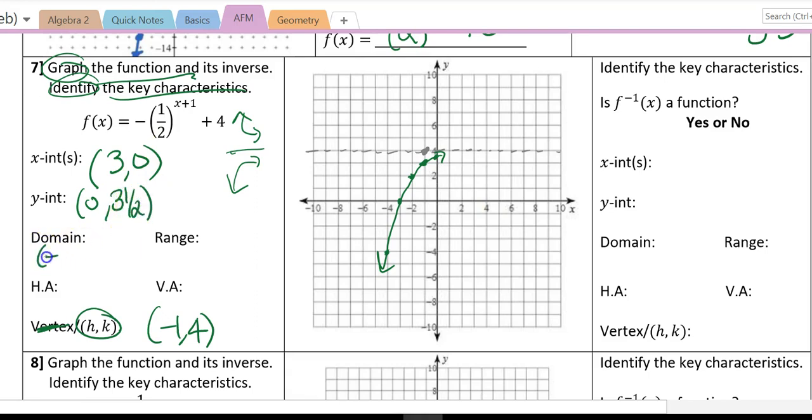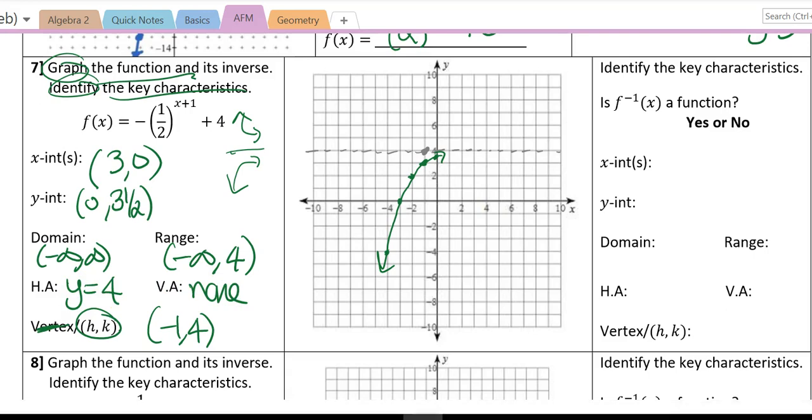The range is -infinity to 4 not included. Vertical asymptote none.